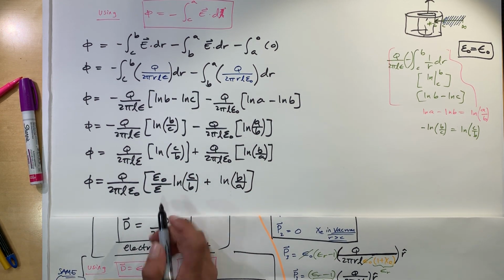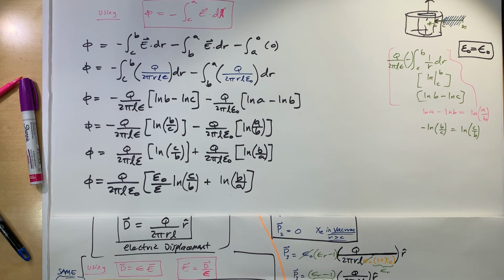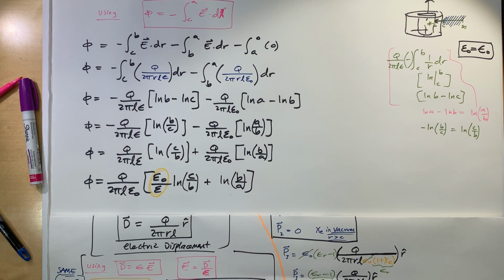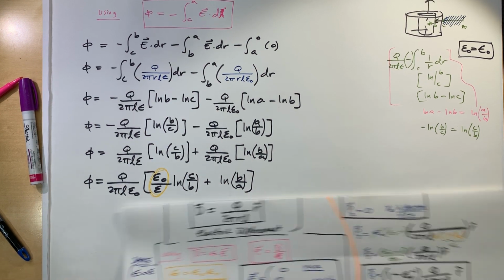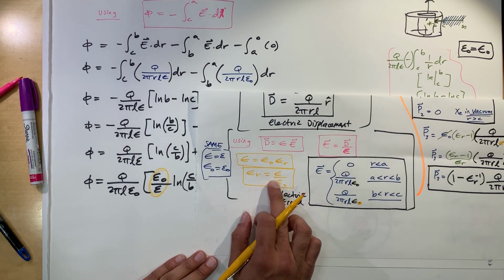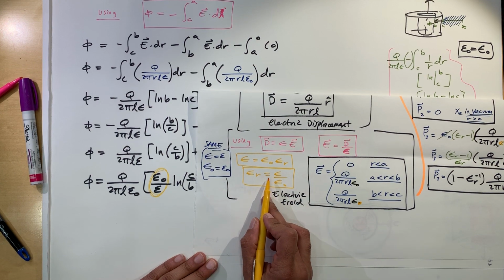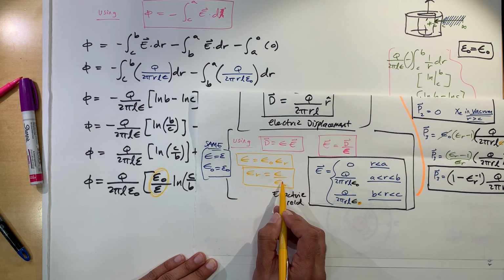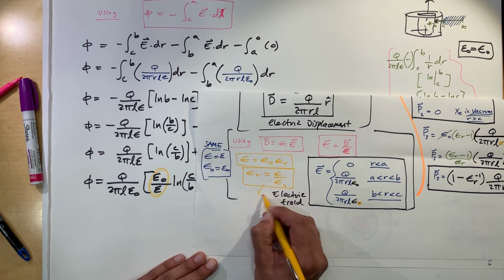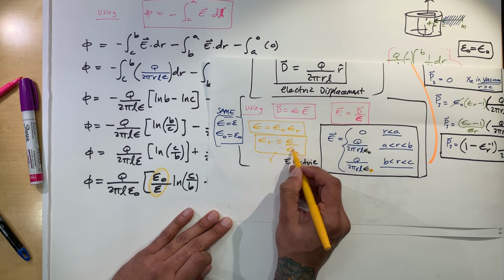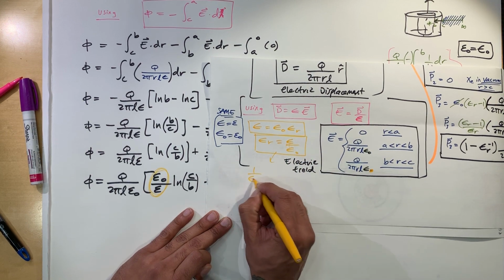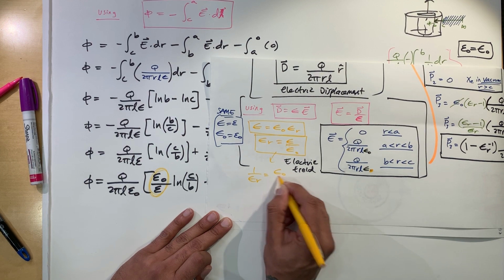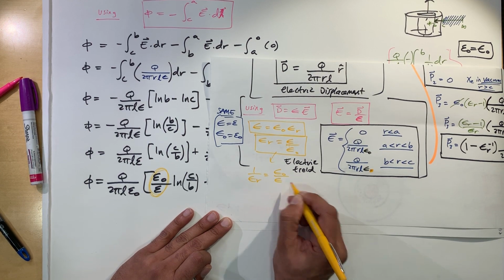Okay, so now this right here, if you remember from our representation for absolute permittivity, we rearranged it, and here we have this, which is, if we flip this, it's going to be 1 over epsilon r is equal to epsilon naught over epsilon.